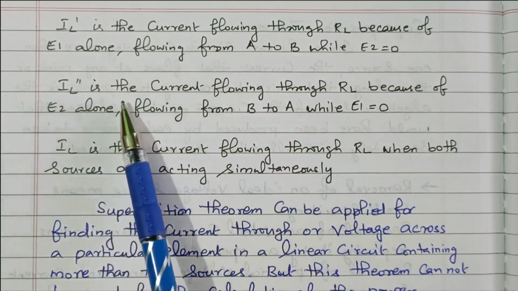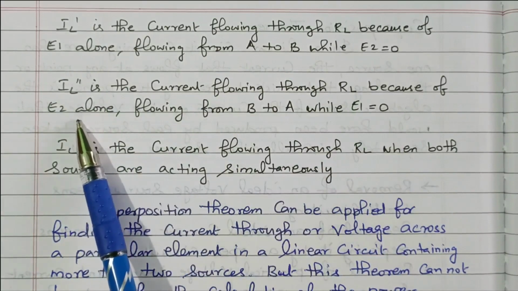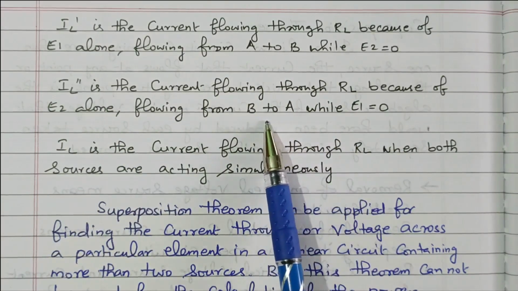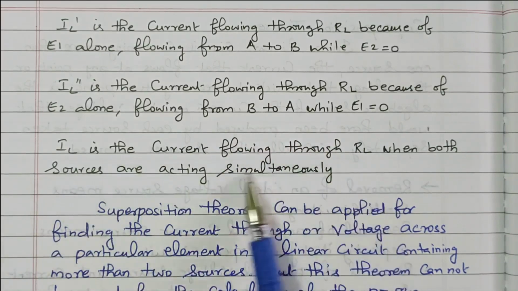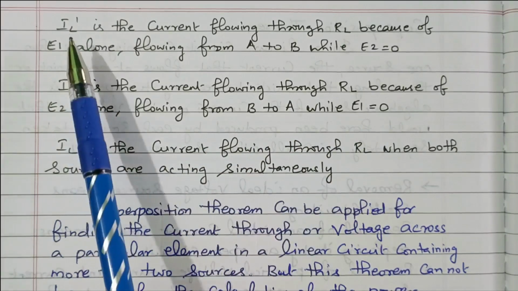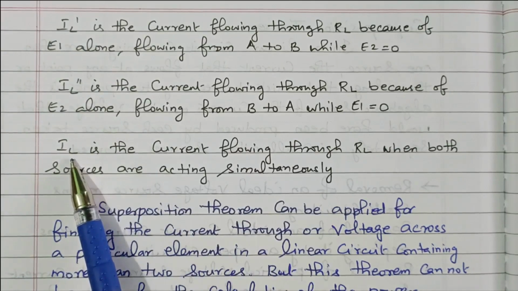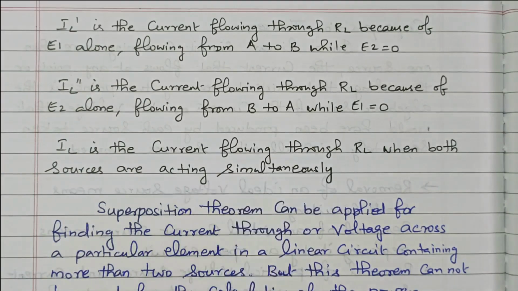IL double dash is the current flowing through the RL because of E2 alone, with E1 removed, but flowing from B to A, negative direction. Right. So IL is the current flowing through RL when both the sources are acting simultaneously. By adding IL dash and IL double dash, we get the total load current flowing through the load resistance RL. Right. This is the statement given by the superposition theorem.